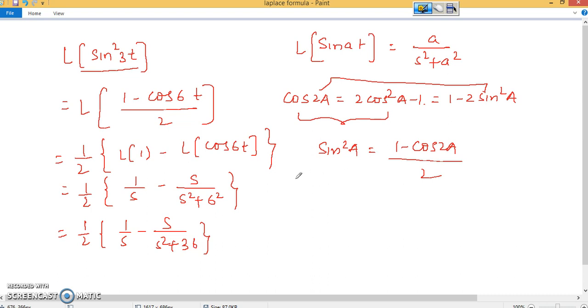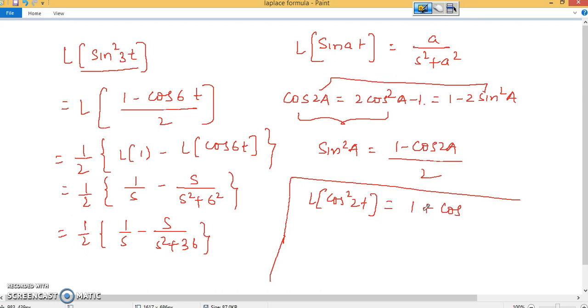Similarly, students, if questions like this are there, we'll take the example for cos. If you are given cos square of 2t, by using this one you can convert it. Here we can write cos square is equal to 1 plus cos 2a by 2. So we can write 1 plus cos 4t by 2.